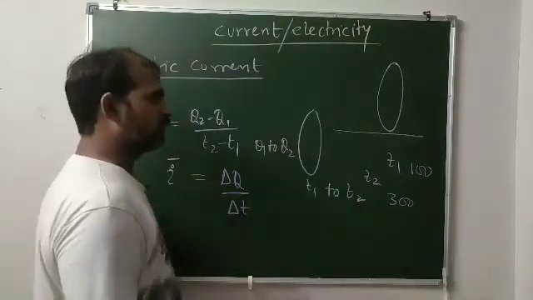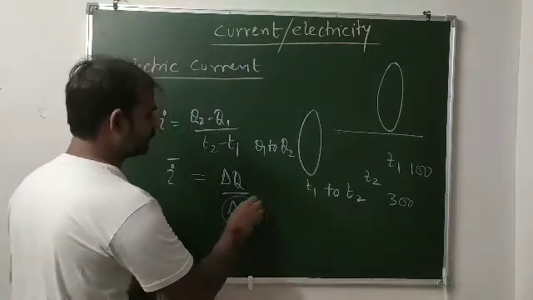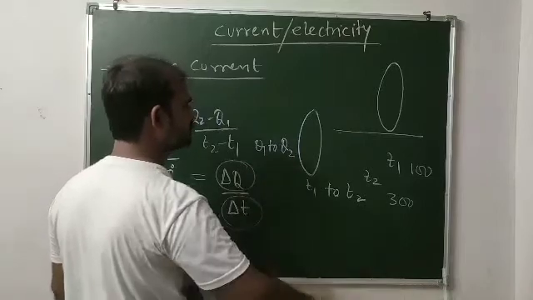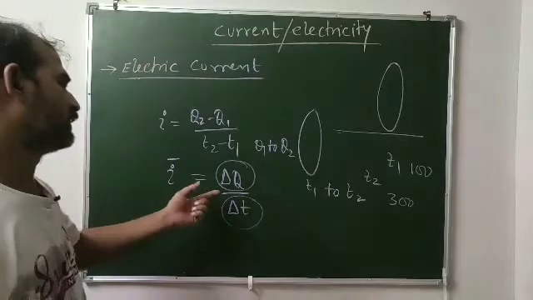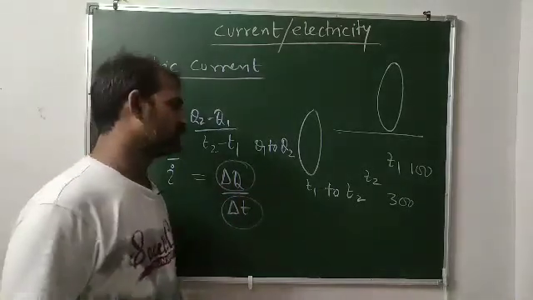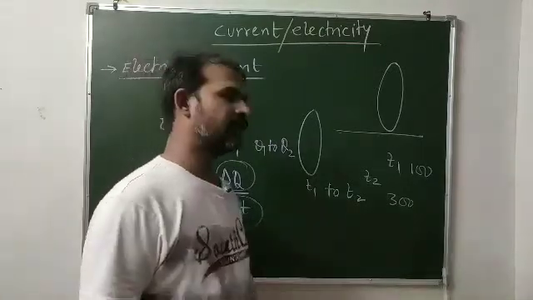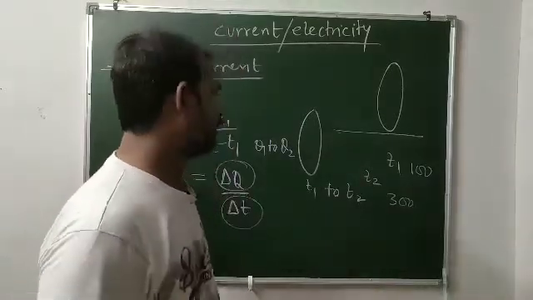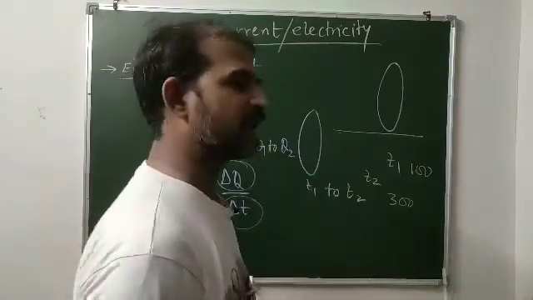Or in short, if you want to learn this, in time delta T, an amount of charge delta Q has passed through this section of the wire, then the average current will be delta Q upon delta T. Because suppose students, we have taken a wristwatch in our hand and taken the duration of 1 minute or 1 second.